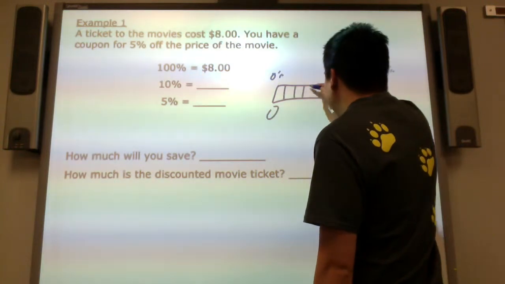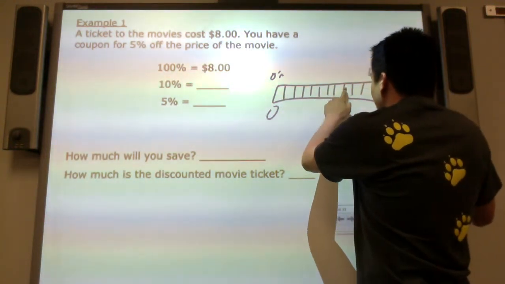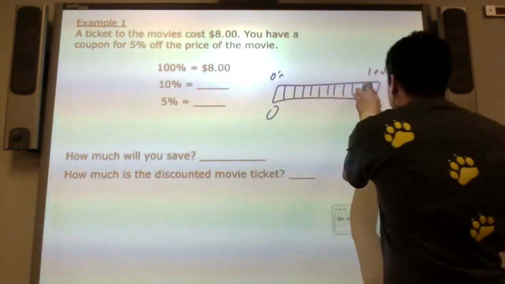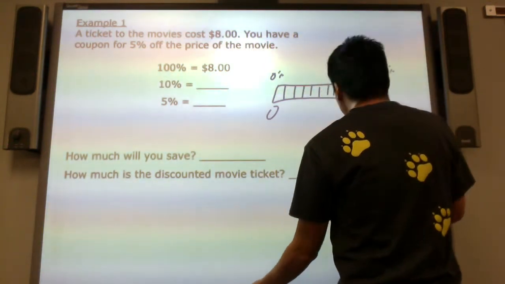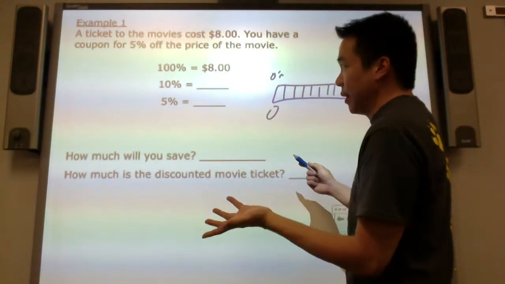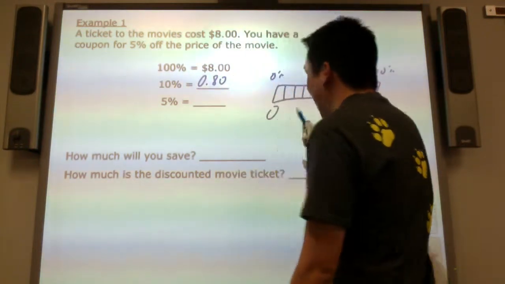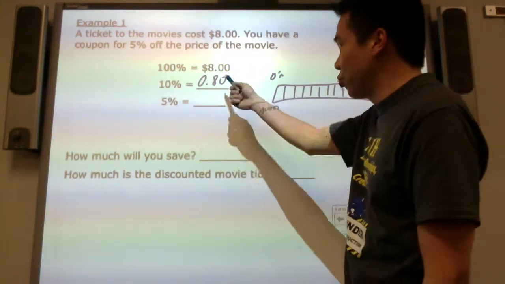I have to break it into 10 sections. What will each section value be? $8 divided by 10 sections would be 80 cents.